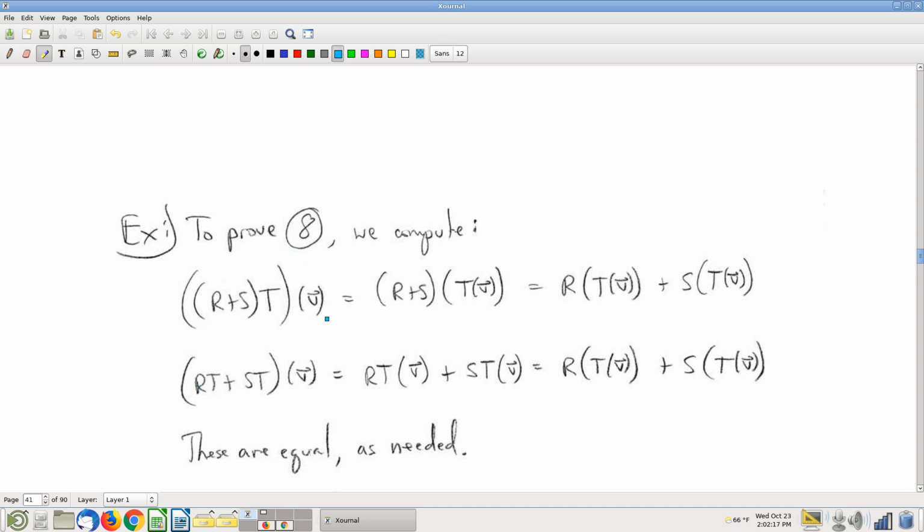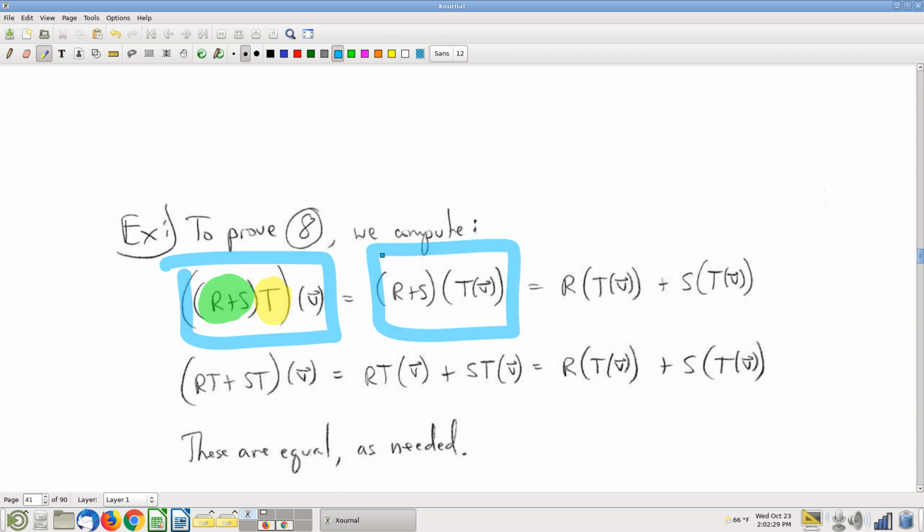Notice, first of all, that I have a product of that linear transformation and this linear transformation. And a product is defined by a composition. Notice that's all that I'm doing here. I'm first plugging in to the linear transformation on the right, and then whatever comes out of that, I'm plugging into the linear transformation on the left. Straight out of the definition, right? A product is a composition.